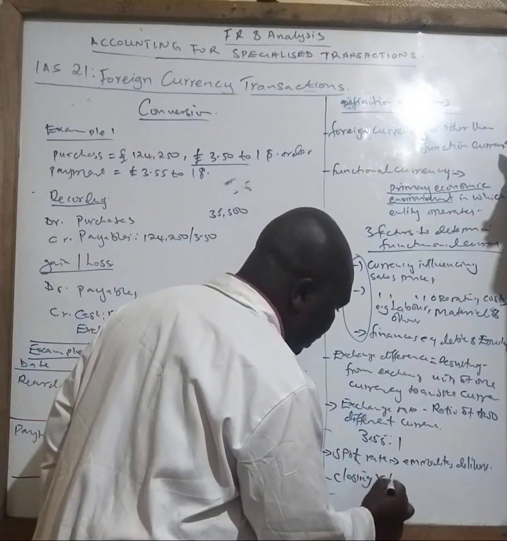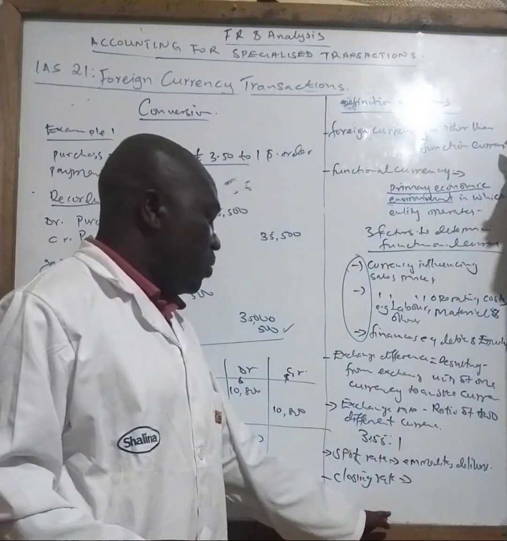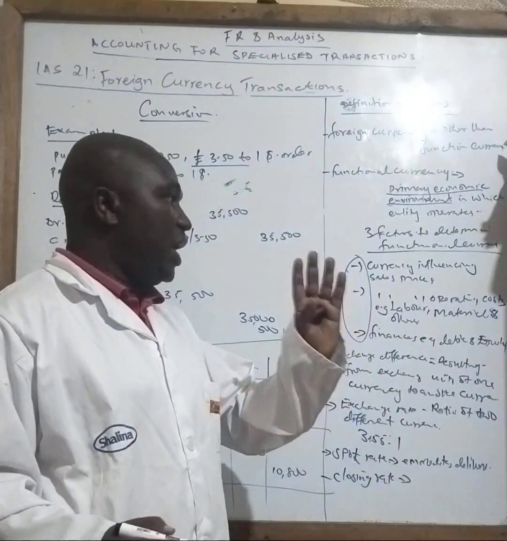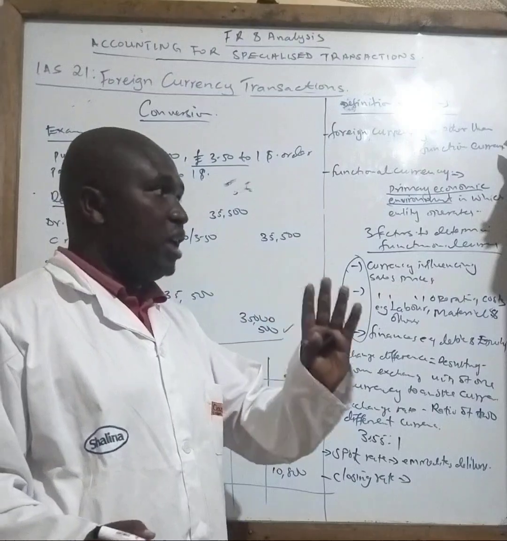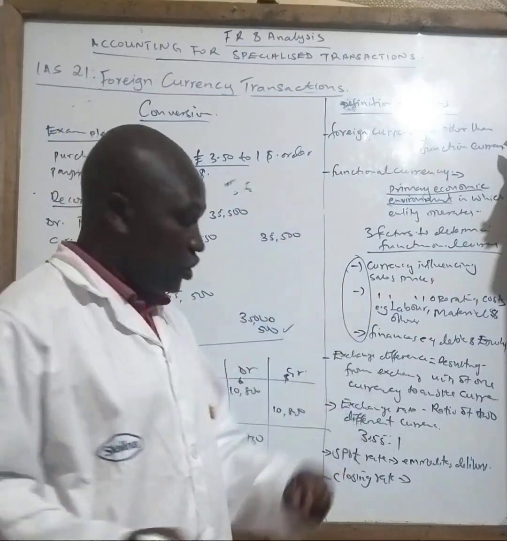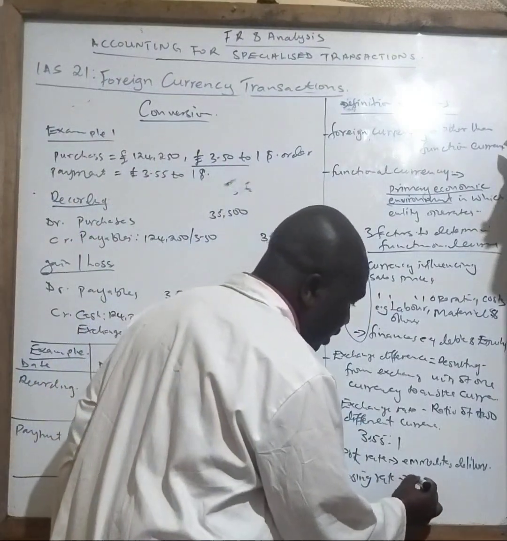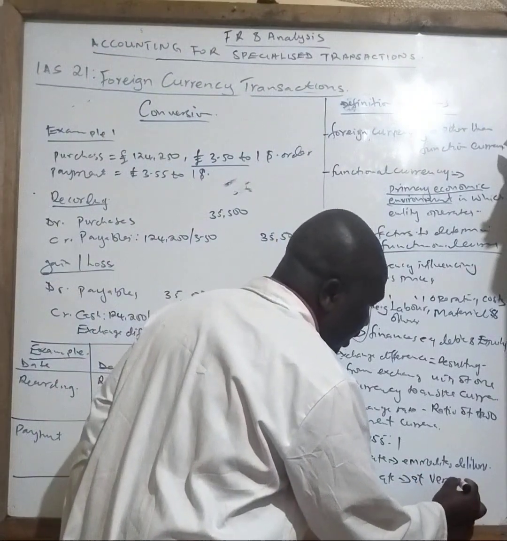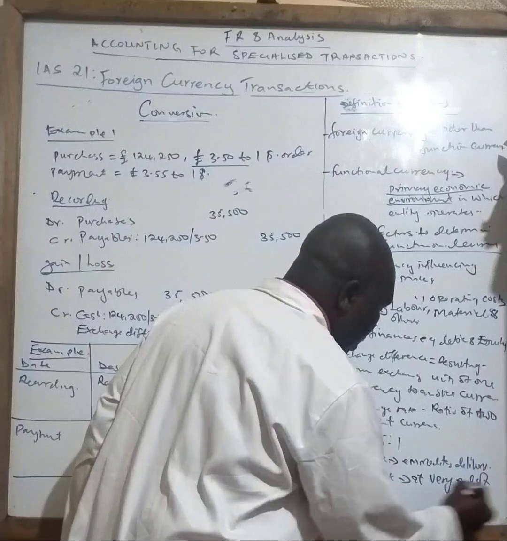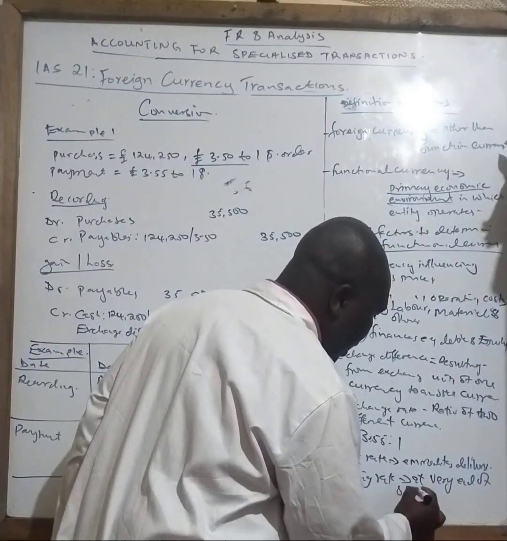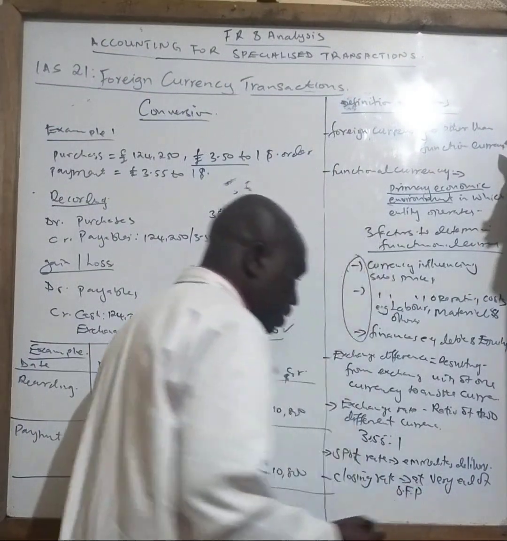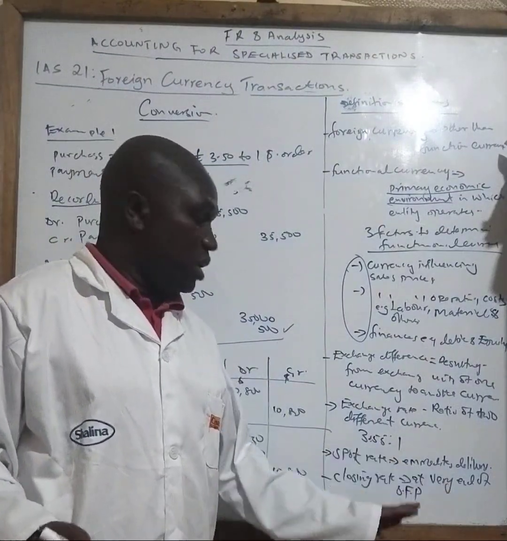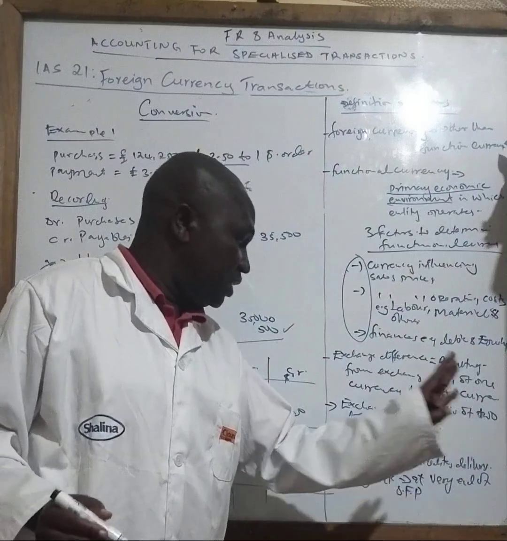What about closing rate? When we talk about a closing rate, we are talking about the rate that prevails at the very end of the statement of financial position, or the balance sheet date, the closing date.